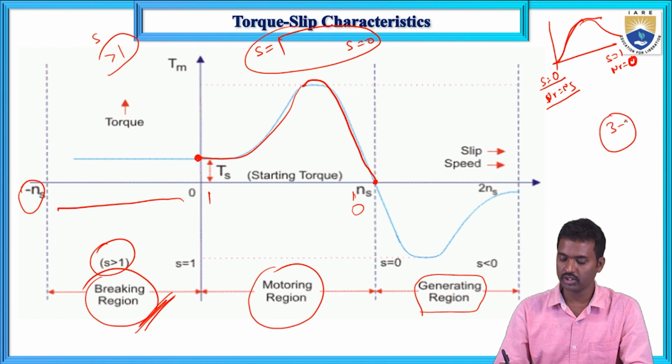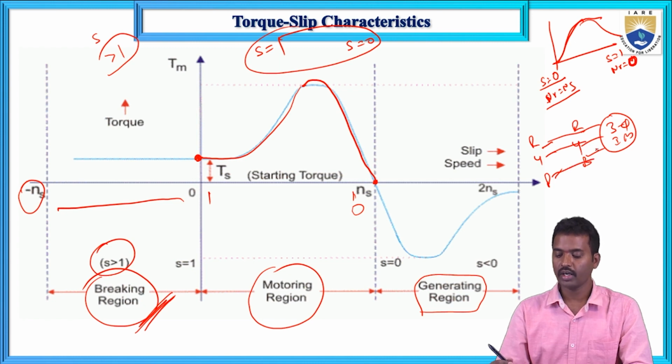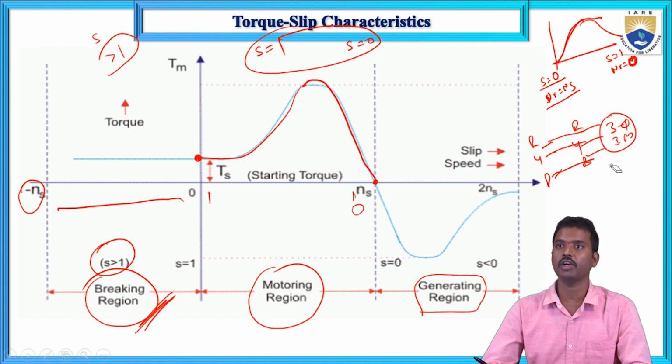This is a 3-phase induction motor. A 3-phase balanced supply R, Y, B is given to the stator, and a rotating magnetic field will be developed. It cuts the rotor conductors according to Faraday's law of electromagnetic induction, and induced EMF will be developed in the rotor conductors. Rotor conductors are short circuited, so currents are produced, and that current sets up the flux.